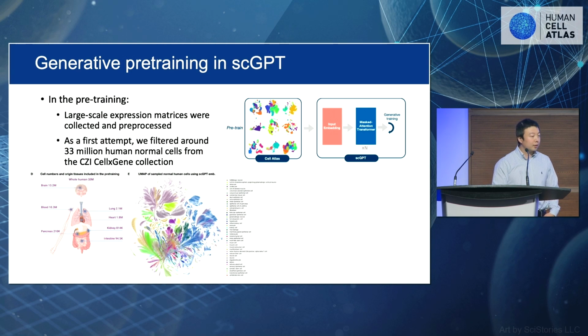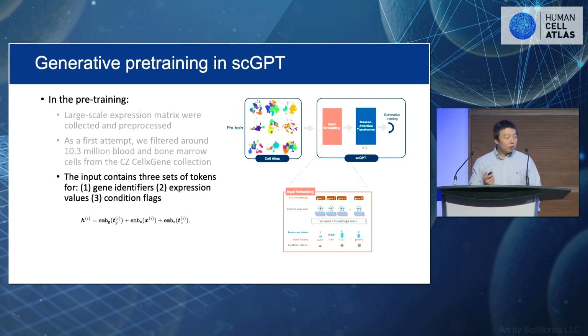Once we have the model, I want to briefly talk about how we train scGPT. Specifically, once we have a single-cell gene expression matrix, we tokenize the genes first, and then we bin those gene expression values.